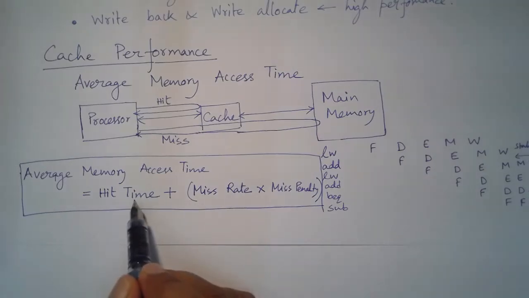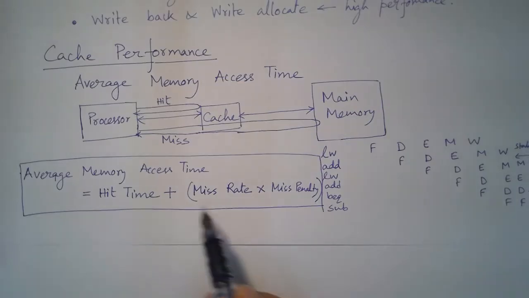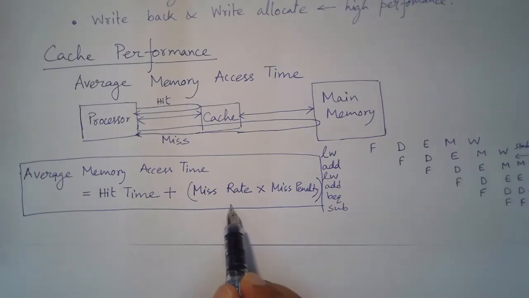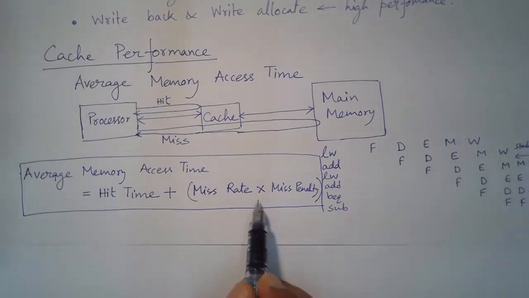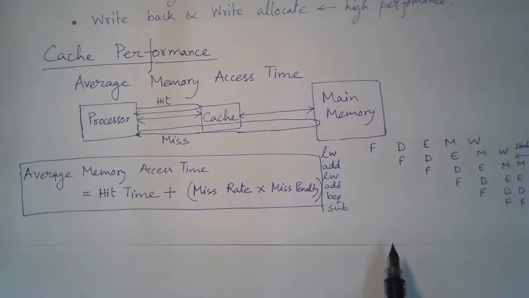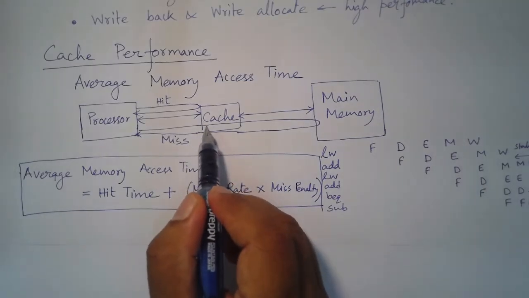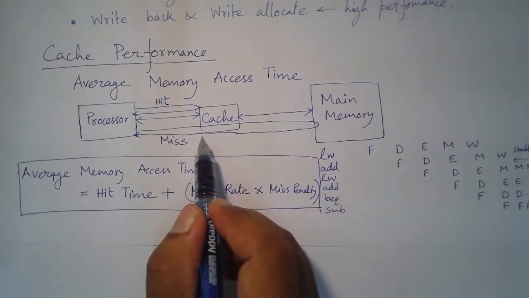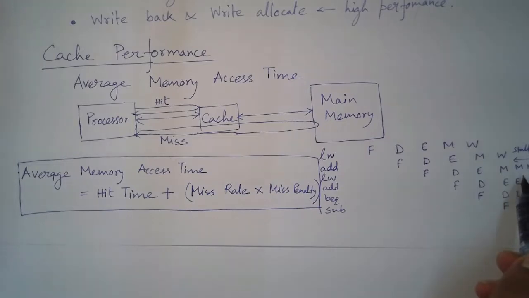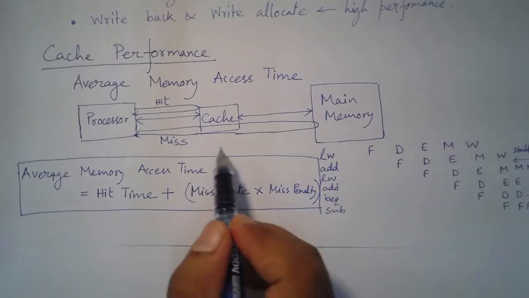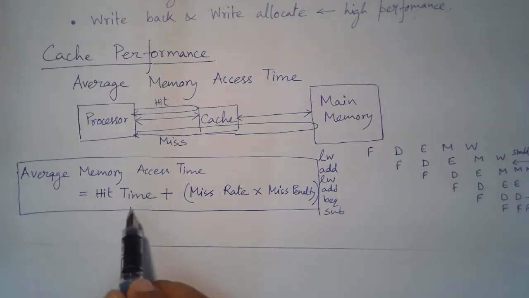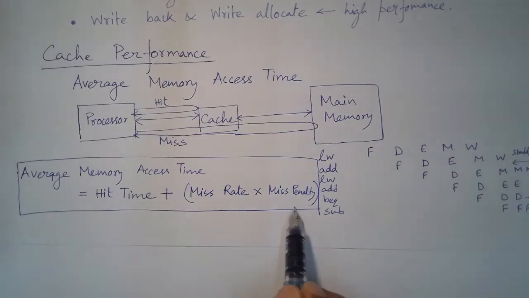In our example, we said there is a miss rate of 10%, and for those 10% there will be an additional delay, which is the miss penalty. Whenever the data is not available in cache, you have to get it from the main memory, and that requires additional cycles, indicated here by stall, and you have to incorporate that overhead. So your average memory latency turns out to be like this.